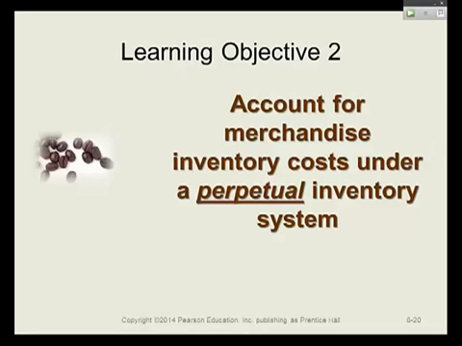Beginning today, we're going to start looking at unit cost and cost per unit. Just remember that the purchase allowance and purchase discount reduce the cost per unit, but not the number. Of course, a return would reduce the number of units. If you had that question, hopefully that clarifies it.